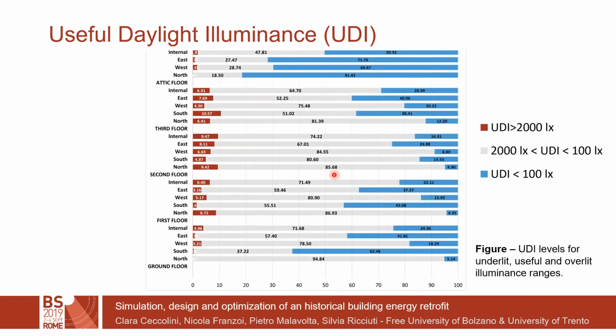However, it is more appropriate to evaluate daylight availability considering a metric that accounts for skies based on weather data, such as a dynamic metric, for example, the useful daylight illuminance.